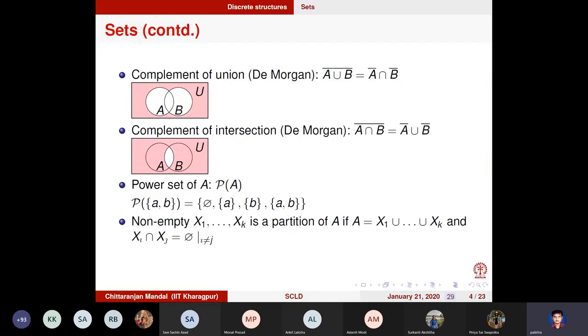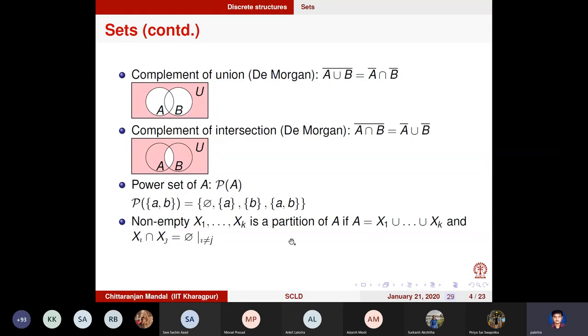Exhaustive means if you take the union of x1, x2, x3, up to xk, you get back A. So if you put together x1 to xk, you get your full set A. This is called the exhaustive property.